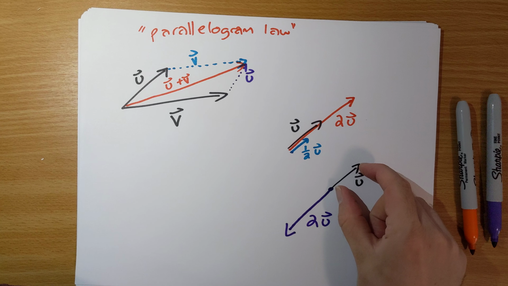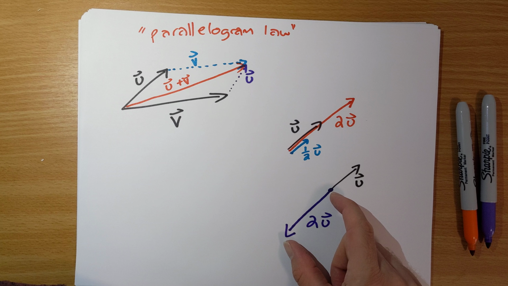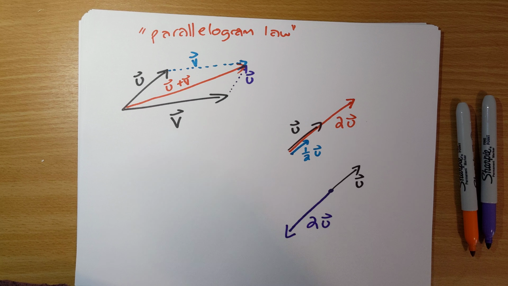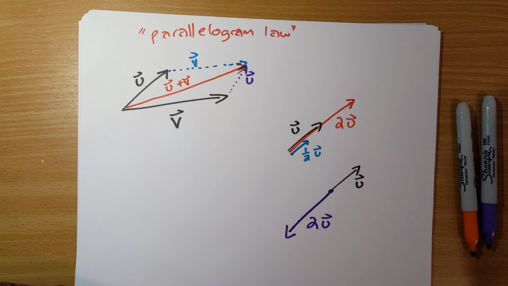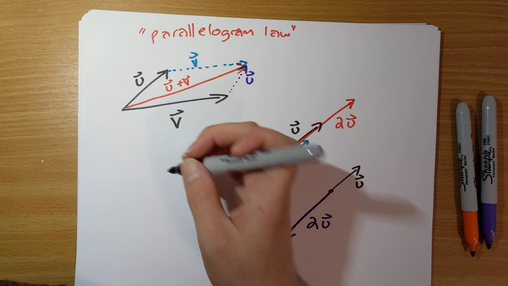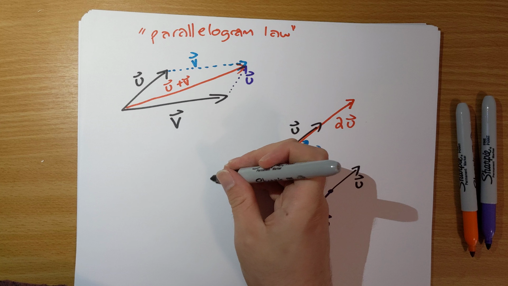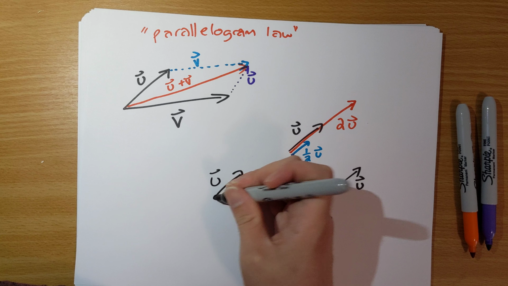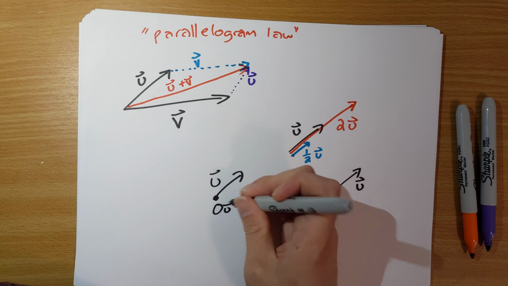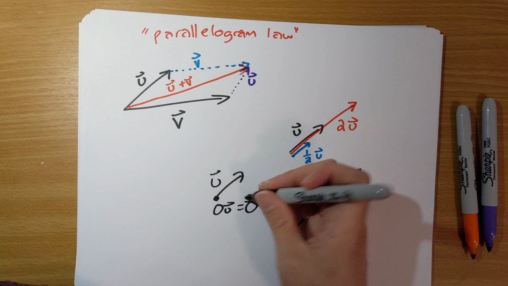So this is u, and this is supposed to be twice as long as u in the exact opposite direction. And in the 0 case, if this is u, well, 0 times u is just going to be the 0 vector.